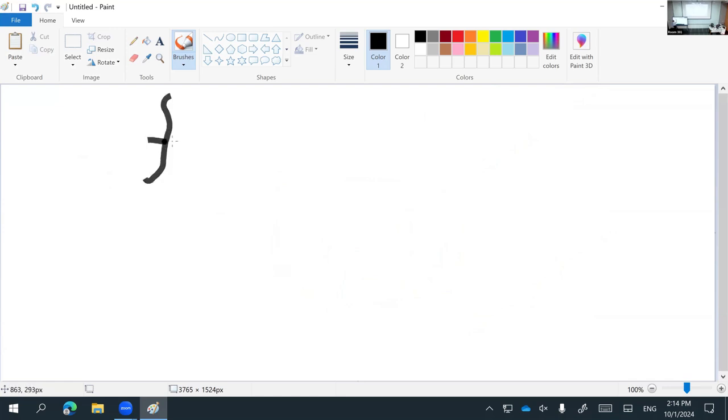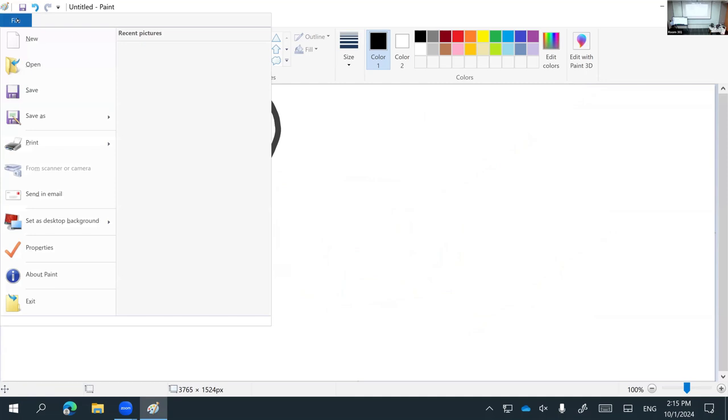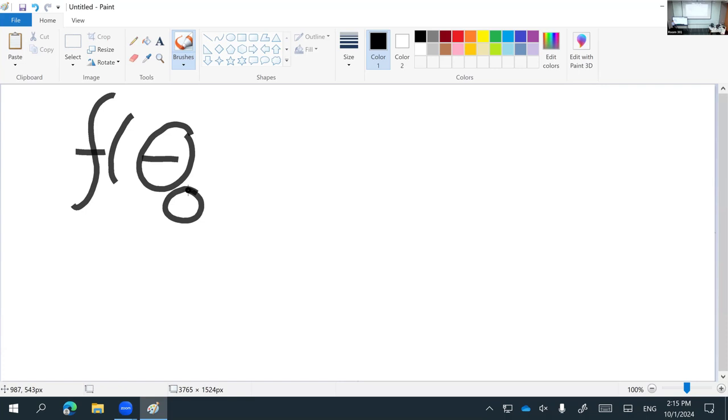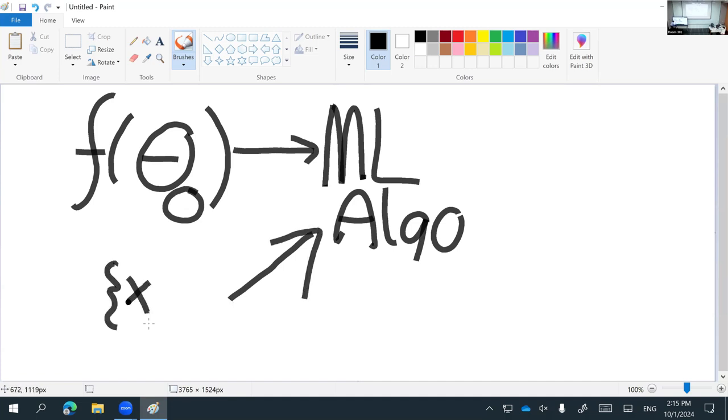I have F with this, and this is about, say, 175 billion, lots of them. But right now, it's completely random. Starting, go to this machine learning algorithm, and this thing requires a whole bunch of X and Y.